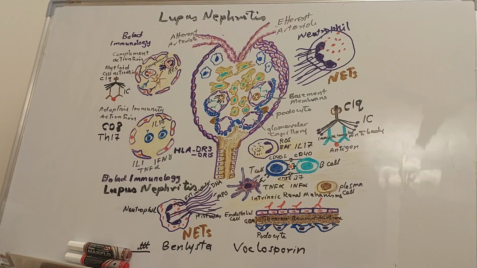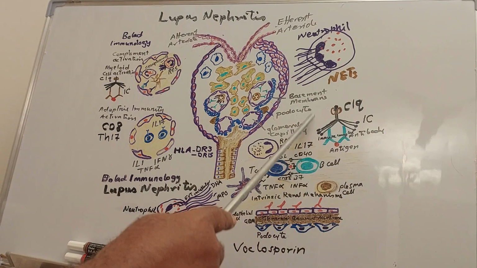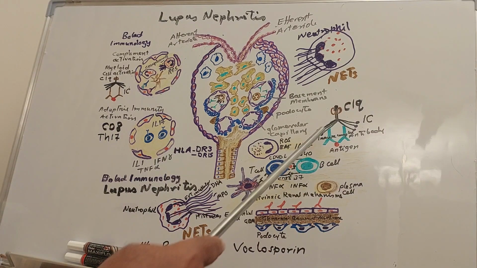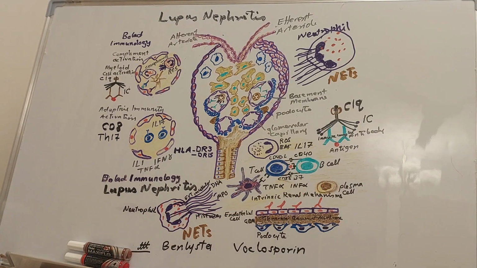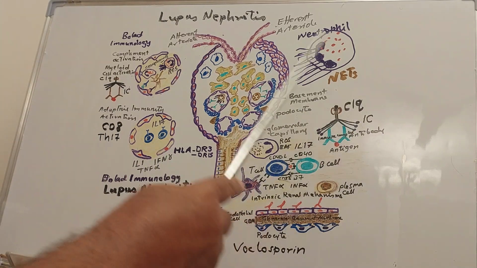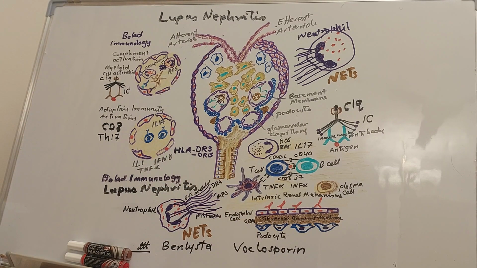So by down-regulating the activity of B cells, this will down-regulate the production of autoantibodies, and so if the load of antibodies is low, not many immune complexes will form and the patient may improve.